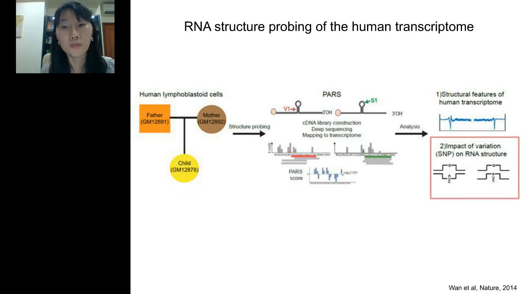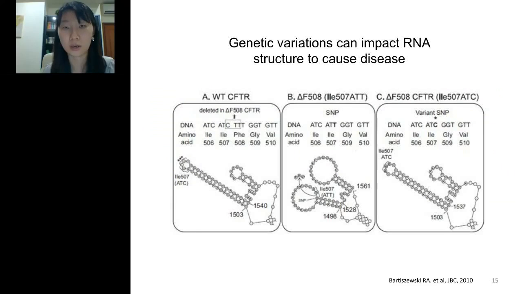So now I want to move on a little bit into how variation or single nucleotide mutations in the genome affect RNA structure. People have looked at how single nucleotide variations can impact RNA structure computationally. Shown here is one example of the CFTR receptor, which is really important, which is mutated in cystic fibrosis.